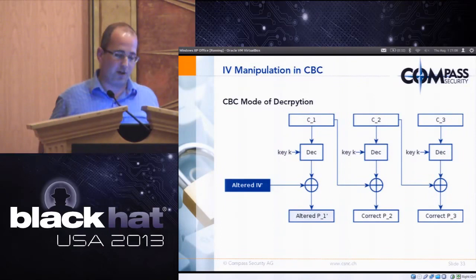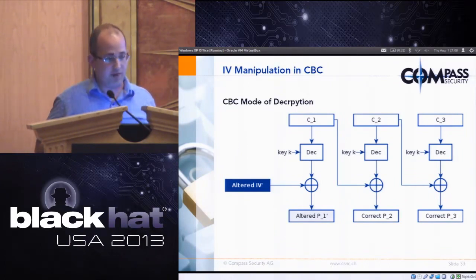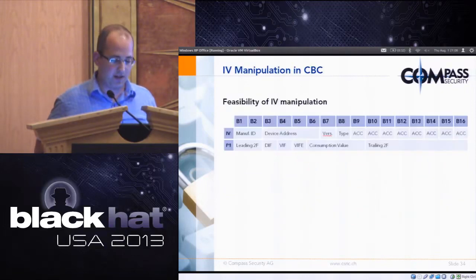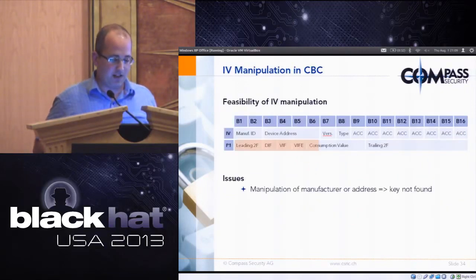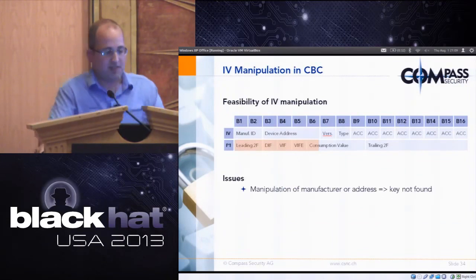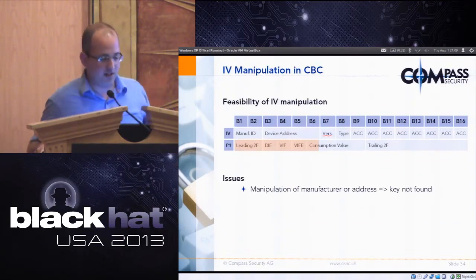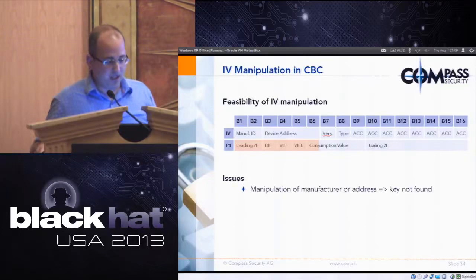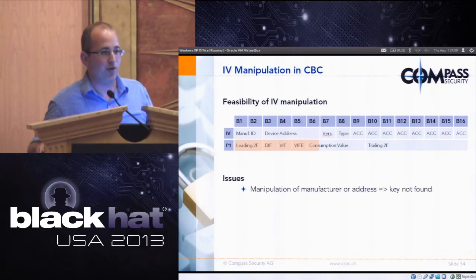So we're talking about CBC mode. So we are basically injecting an altered IV into that construct. So we need to alter the frame header for that purpose. If we have a look, what we could basically alter is, if we would change the manufacturer ID or the device address of the frame, then the packet would not be received correctly by the collector because the collector would not know what meter actually sent it.